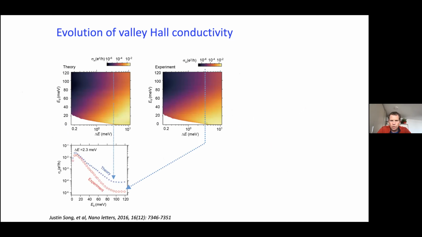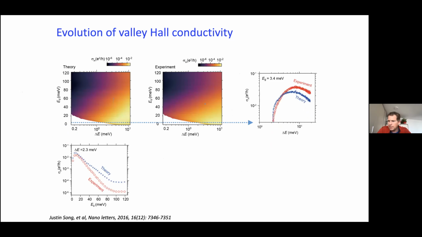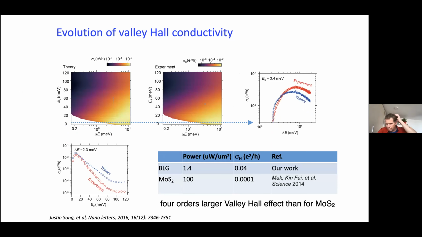We can also do this in a 2D map, but I will skip this now for the sake of time. I just wanted to emphasize how strong this effect is. We see a Hall conductivity of around 0.04 e squared over h, which is quite large. It's not yet at the unitary limit, which will be the quantized value e squared over h.